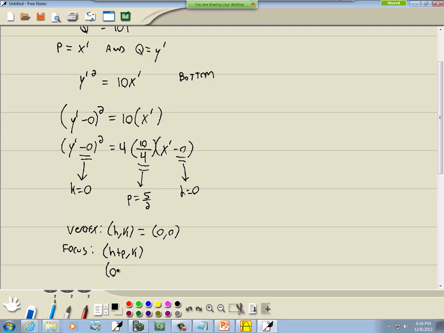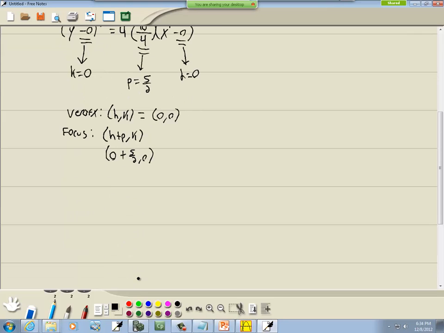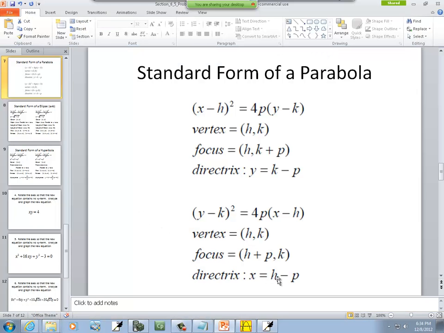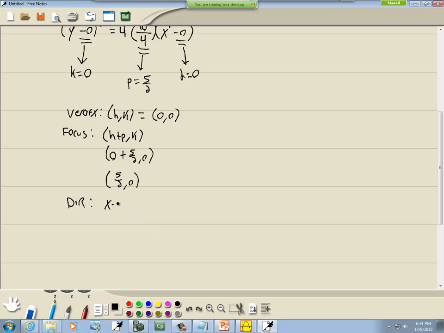Well, h is 0 plus p, which is 5/2, and 0, which would give us 5/2, 0. And our directrix is x equals h minus p. H is 0 minus p, which is 5/2. So we got x is equal to negative 5/2.